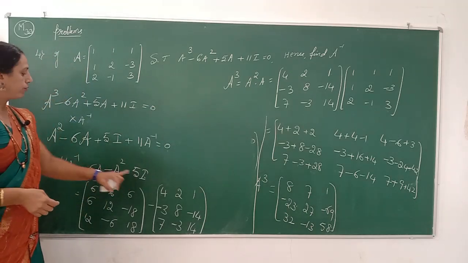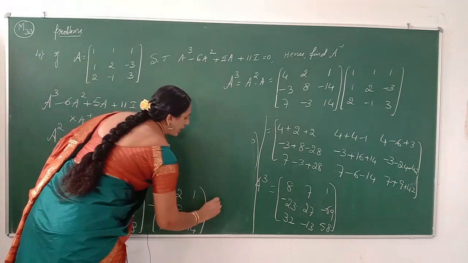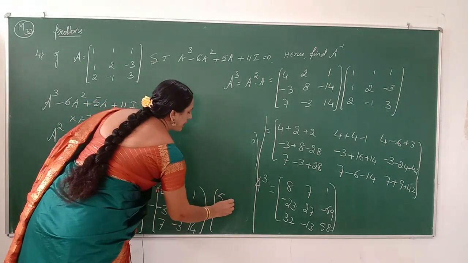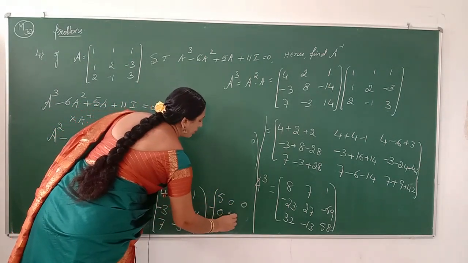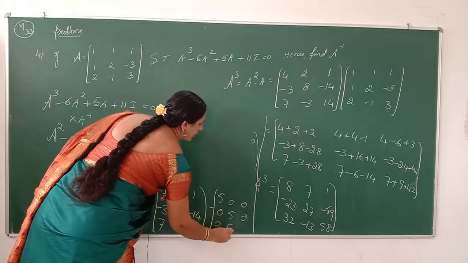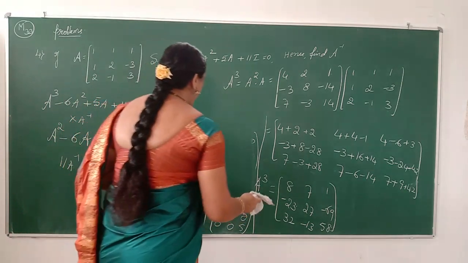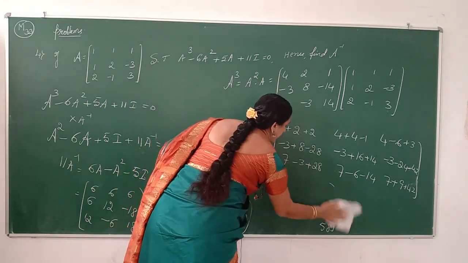Plus minus 5 into A. So I is an identity matrix of order 3 cross 3, that is 5, 0, 0, 0, 5, 0, 0, 0, 5. So we get by subtracting their corresponding elements of all the matrices.